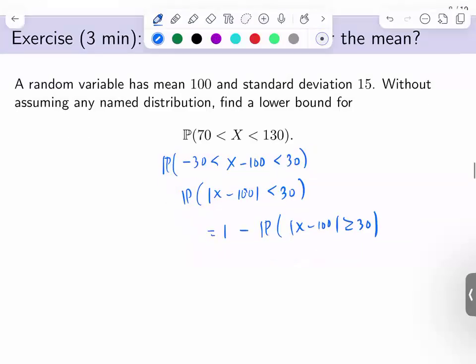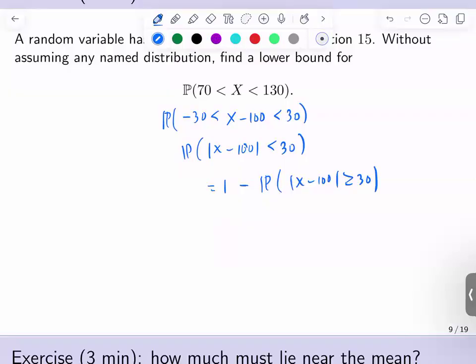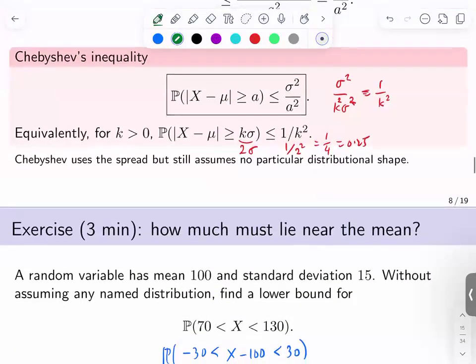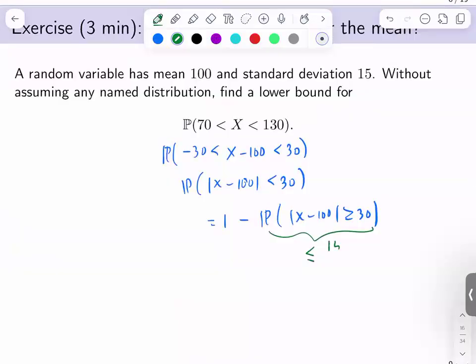Now what can we do? Can we use Chebyshev? What does Chebyshev say? Just apply the Chebyshev inequality, right? a would be 30, sigma squared is 15 squared divided by 30.